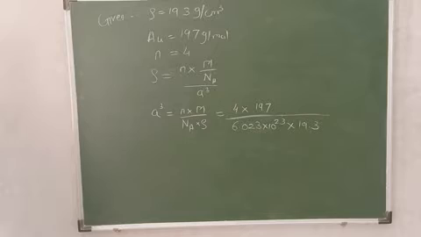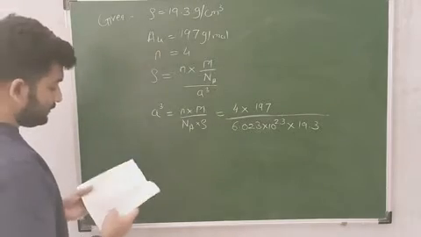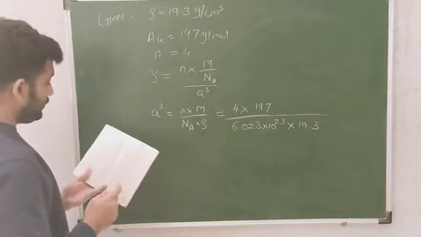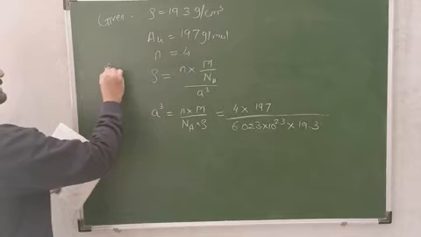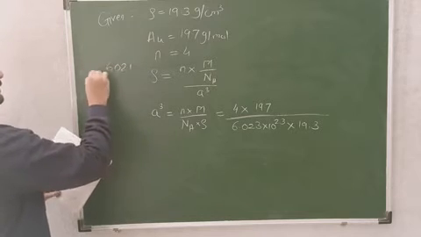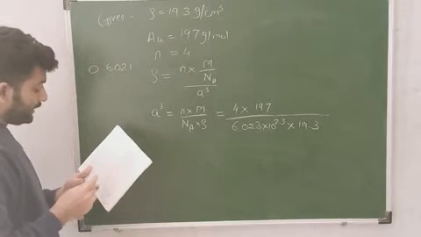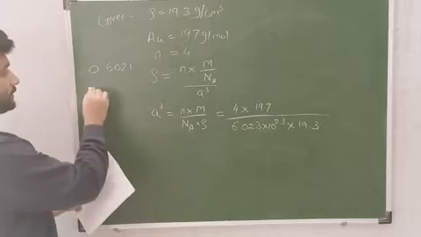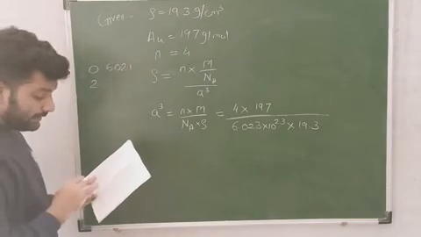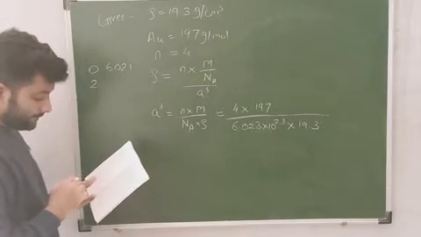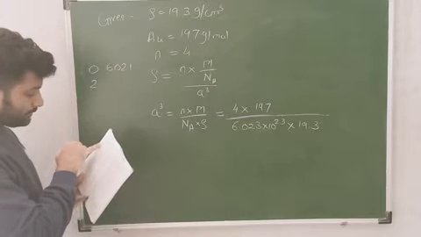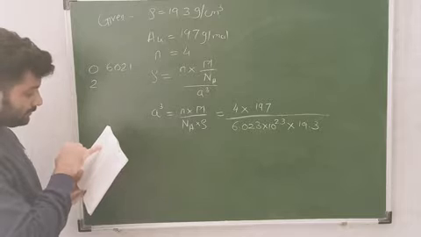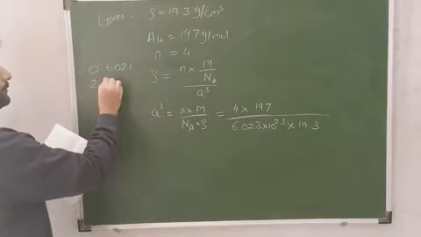We will see the value of log for 4. Log of 4 we will see, that is 0.6021. Next, 197, so it is 2.2945.